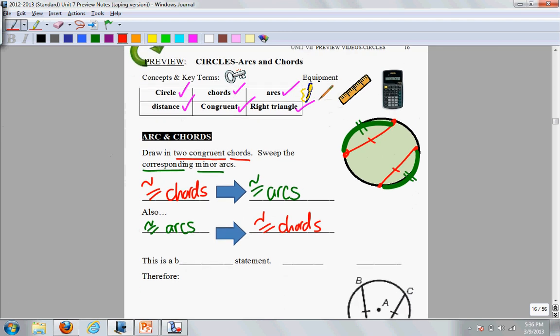Because both the conditional and the converse are true, we call this biconditional. It's a biconditional statement, and we can write it like this. Congruent chords, congruent arcs, and you do a double arrow, which means it's true both ways.